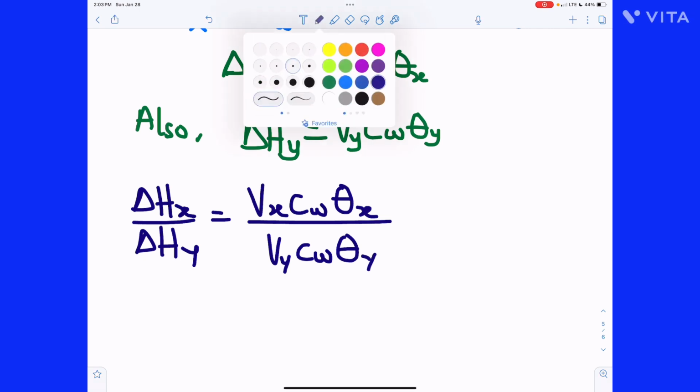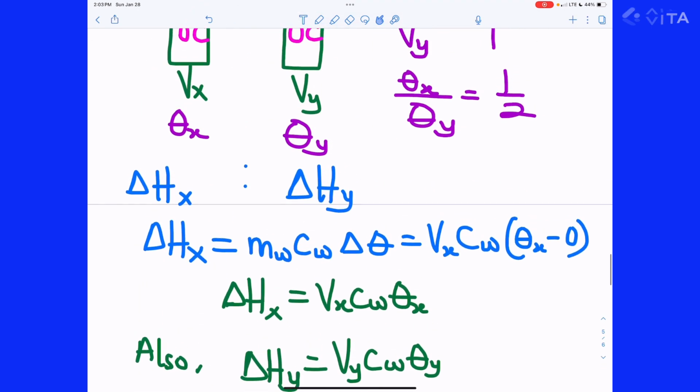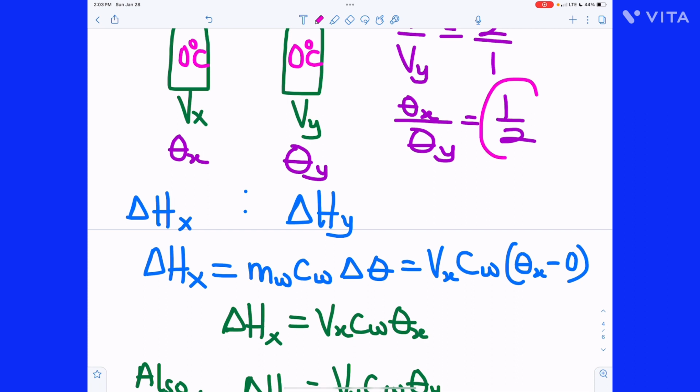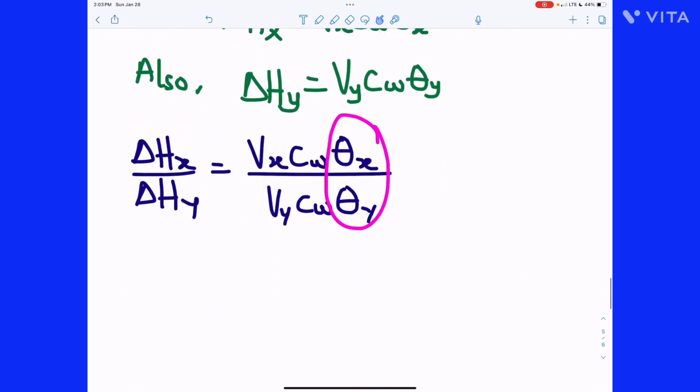But if you look at this ratio, theta x over theta y has been given up here as 1 over 2. Also, Vx over Vy has been given as 2 over 1. So for Vx over Vy, I'll write 2 over 1.